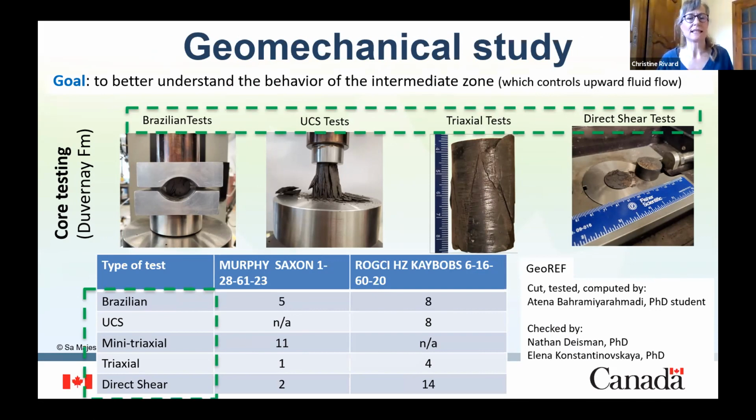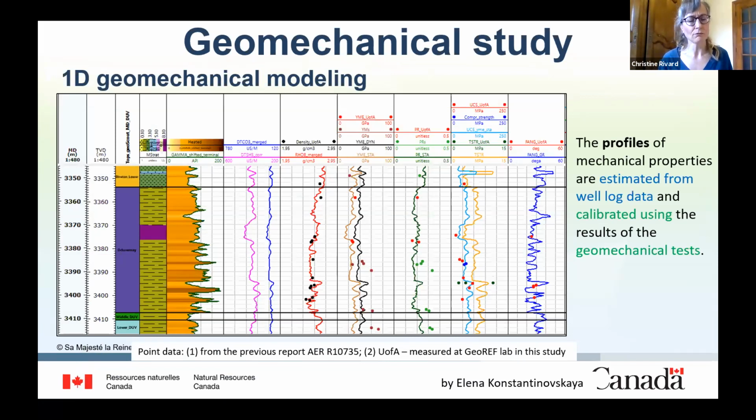The results of these tests provide measurements of static elastic parameters, such as Young's modulus and Poisson's ratio, and strength parameters. These values were used to calibrate continuous profiles of these parameters estimated from well logs in 1D, one-dimensional models, as you will see on the next slide.